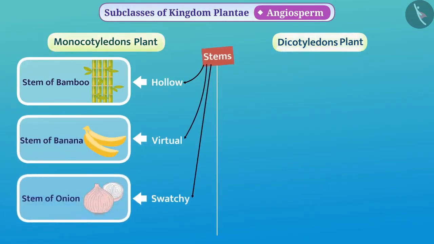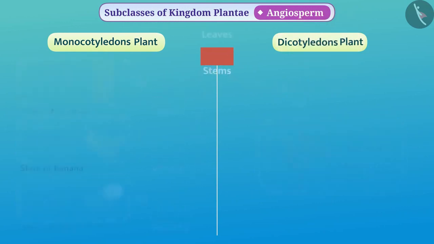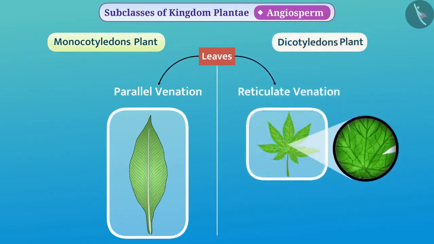Whereas the stem is strong and tough in dicotyledon plants. In case of leaves, the leaves in monocot plants have a parallel venation, while the leaves in dicotyledon plants have a reticulate venation.